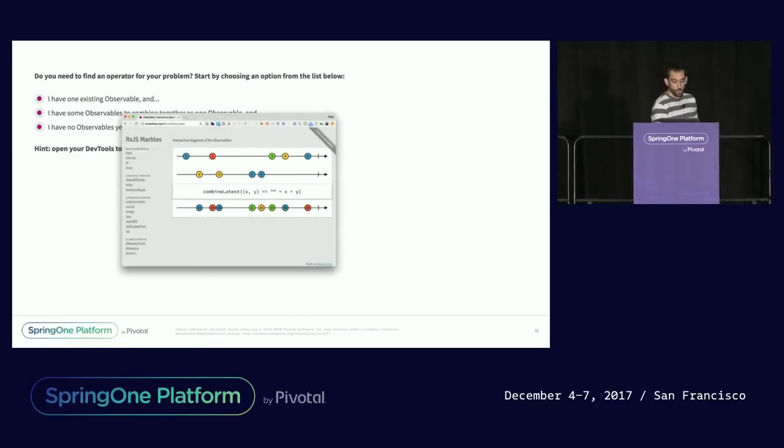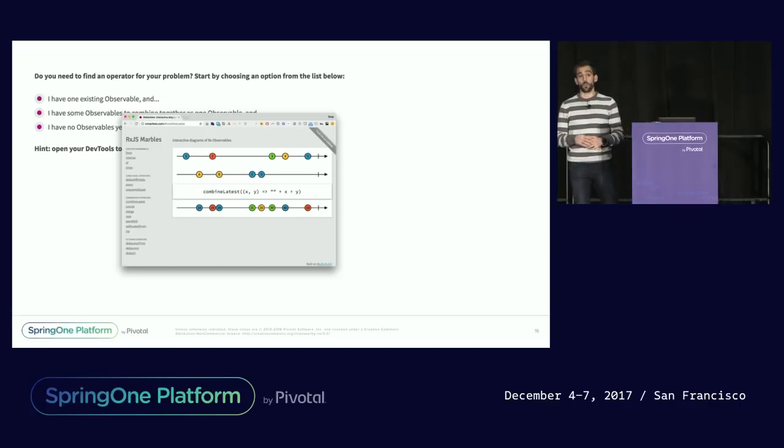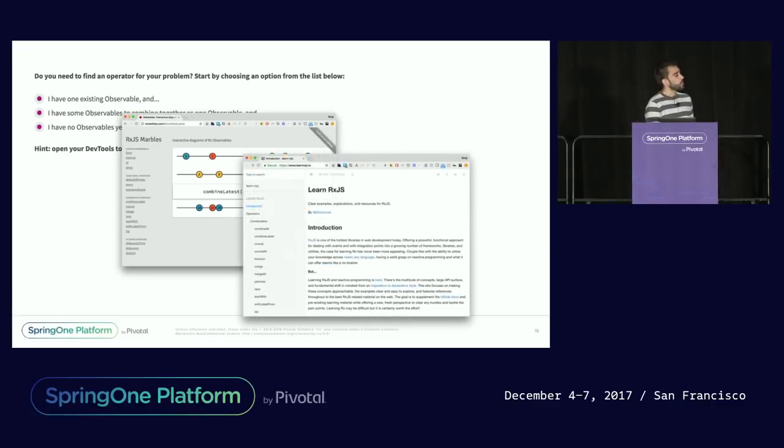Another good resource could be RxMarbles, which graphs, right? Every single operator, so you can see how it behaves. It's a really good resource. Another resource could be learn.rxjs.io.